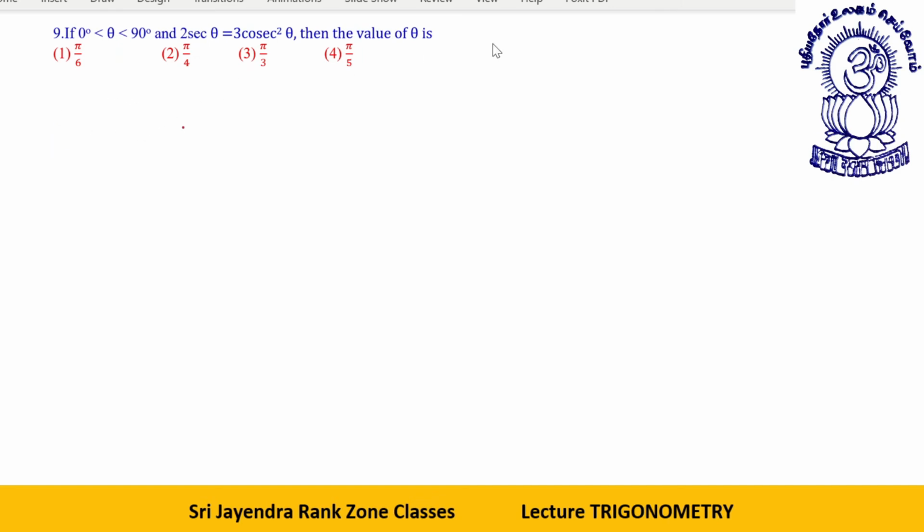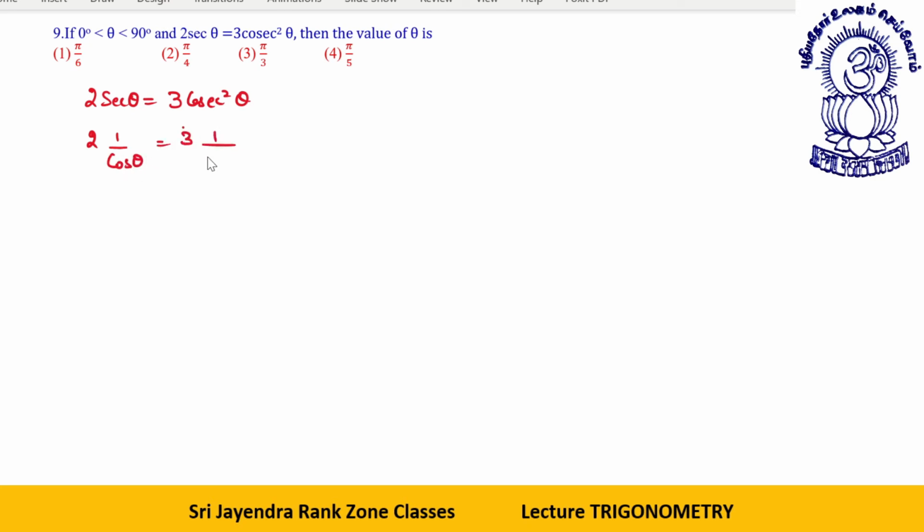We have 2 secant theta is equal to 3 cosec square theta. Find the value of theta. 2 secant theta, for the sake of simplicity, let me write it as 2 by cos theta is equal to 3 cosec square theta.